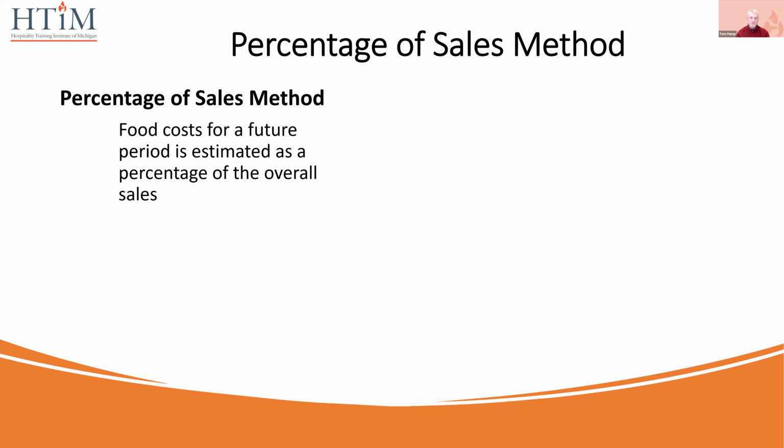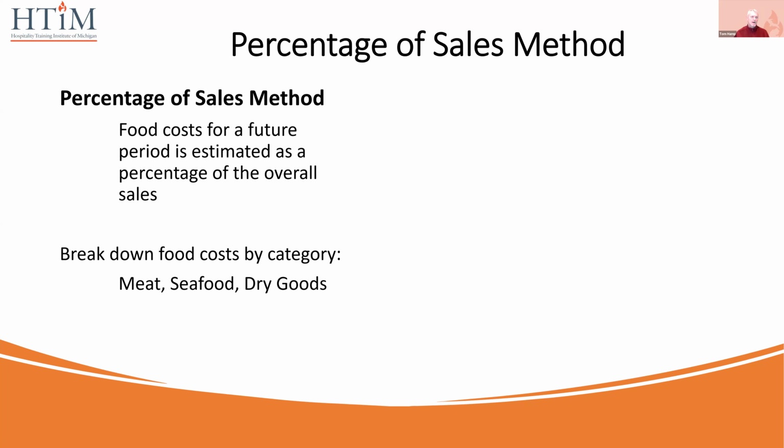Because we know our food cost percentage, if we increase our sales by $100,000, we can take that 30.9 that we had a few slides ago and estimate our food costs. So we're going to have a good handle on that.